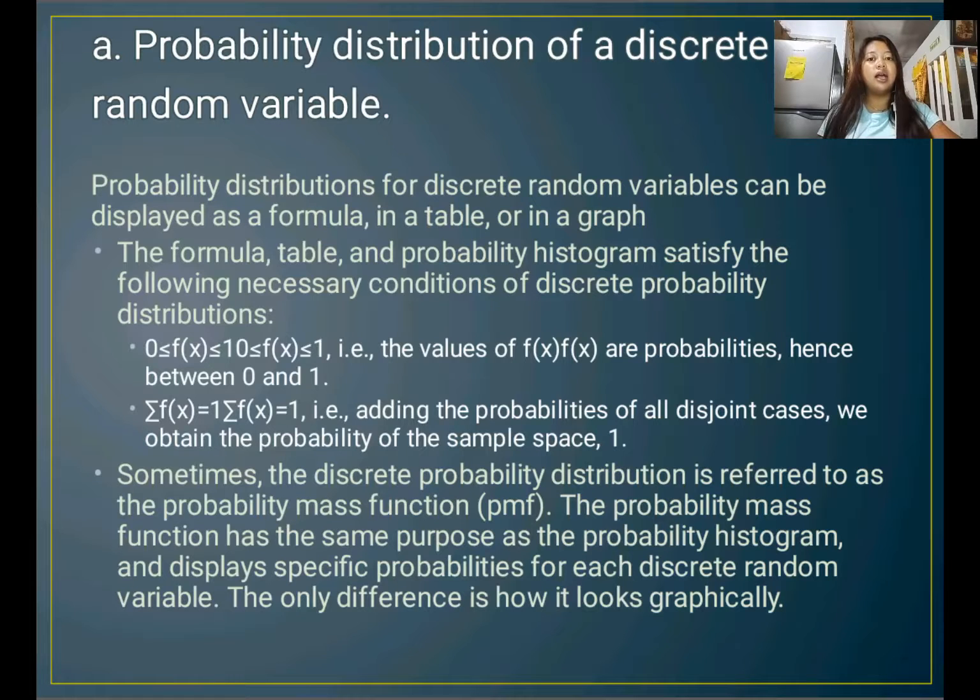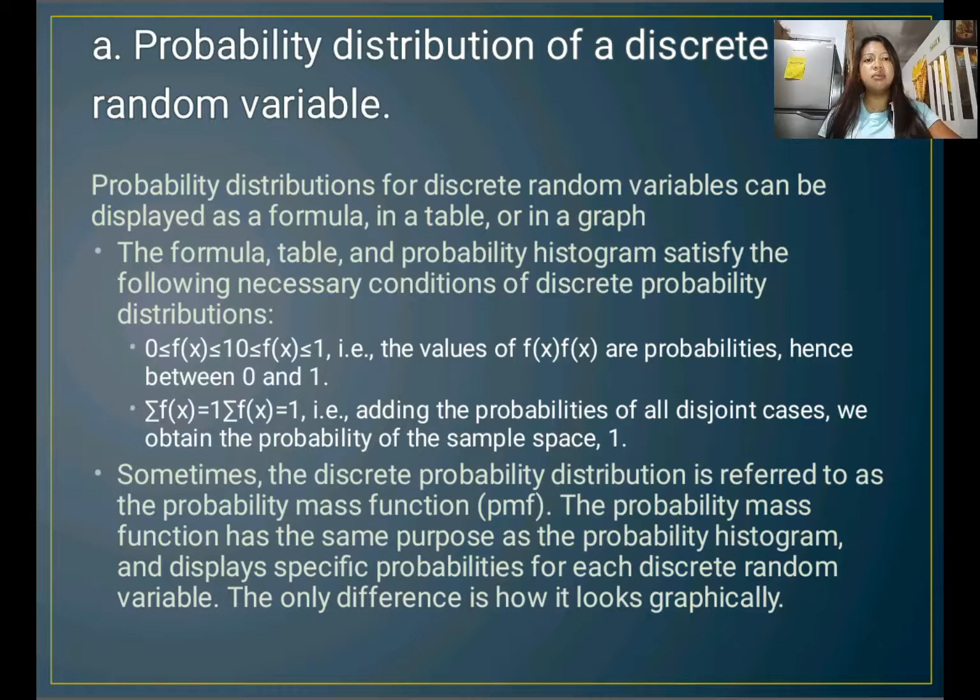The values of f(x) are probabilities, hence between 0 and 1. And the summation of f(x) is equal to 1. Adding the probabilities of all these joint cases, we obtain the probability of the sample space, which is 1.